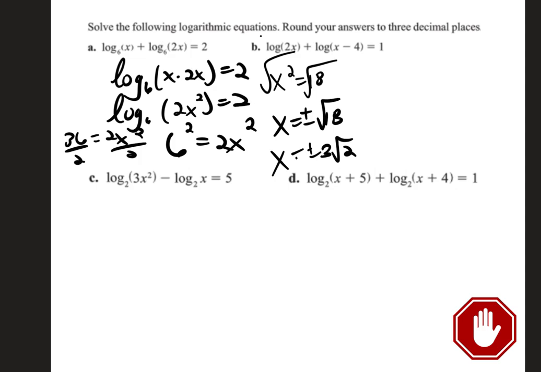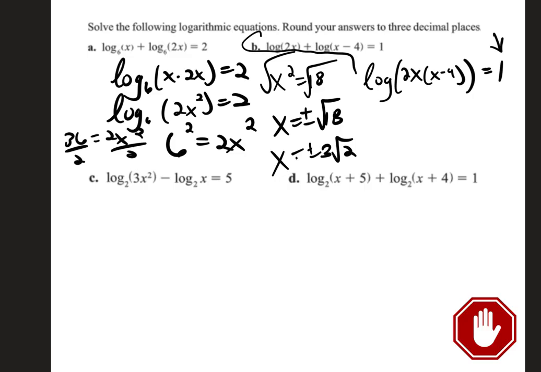So you can see that B is a similar situation. If I were to take these logs and write them as a single log, I would have to multiply 2x and x minus 4. But I want you to notice that this is equal to 1. And we have this thing about if something is equal to 1.